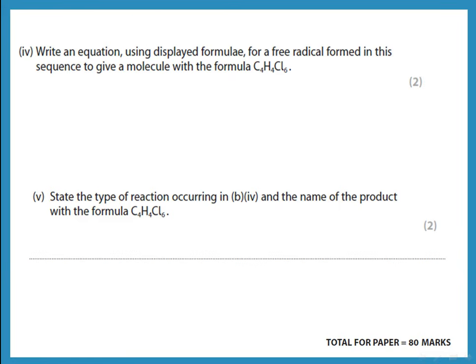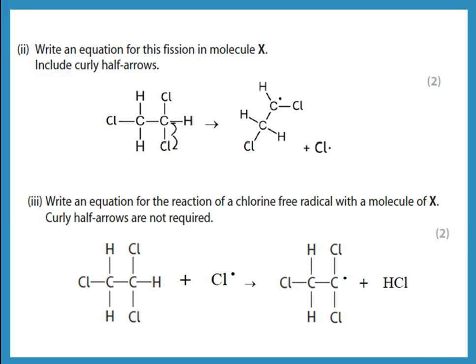Write an equation using displayed formula for a free radical formed in this sequence to give a molecule with the formula C4H4Cl6. So basically he's telling me that he wants the free radical that we got from that bottom equation, the chloroalkane. Instead of having 2 carbons, 2 hydrogens, 3 chlorines, I want double of that.